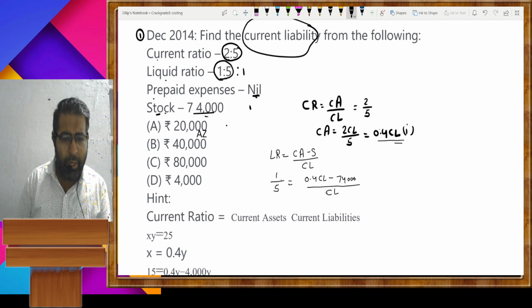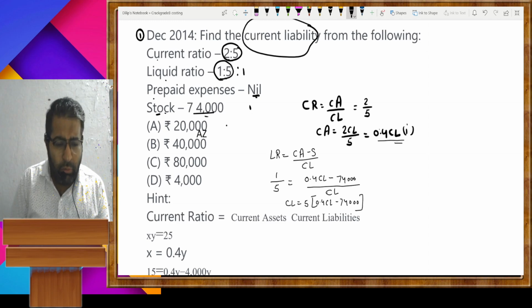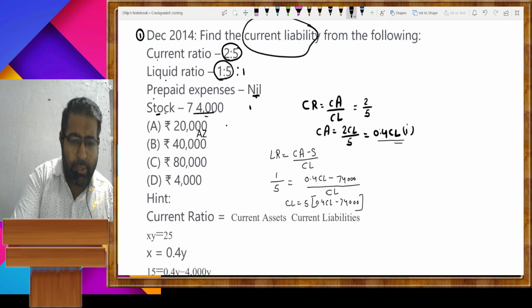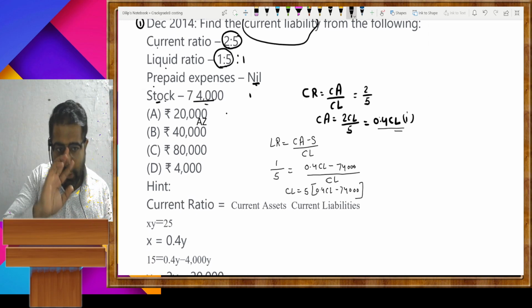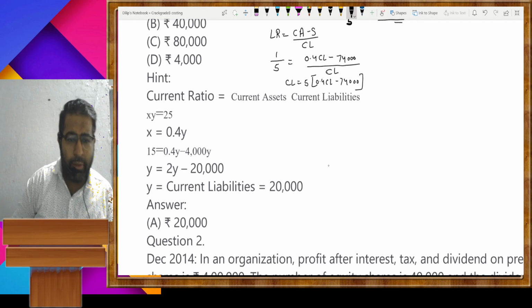Again cross multiply. By this equation you can solve and make the answer of current liabilities. Okay, here it is. So current liabilities is 20,000.